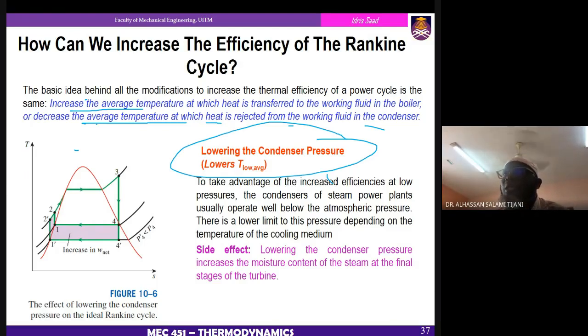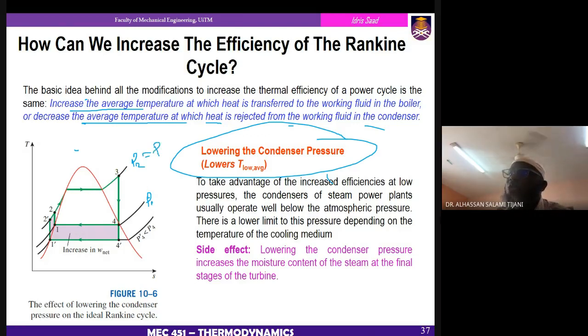You see, for the initial state, assuming this is P1, initial pressure, and this is P2. So this is a constant pressure line.